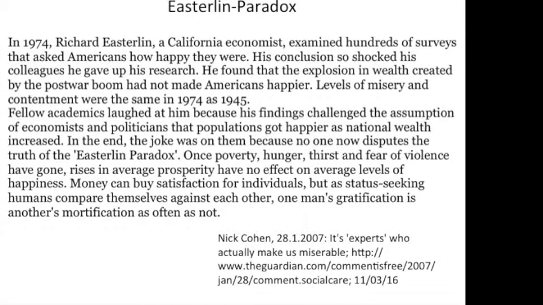So there's a second text. There are actually two more texts on the internet, in one file. The second I'll just briefly quote. In 1974, Richard Easterlin, a California economist, examined hundreds of surveys that asked Americans how happy they were.